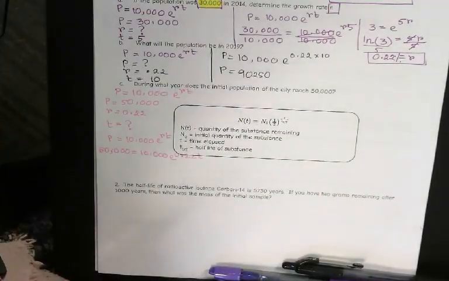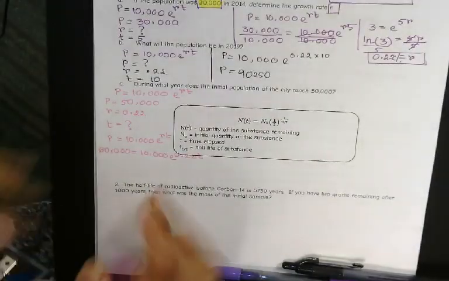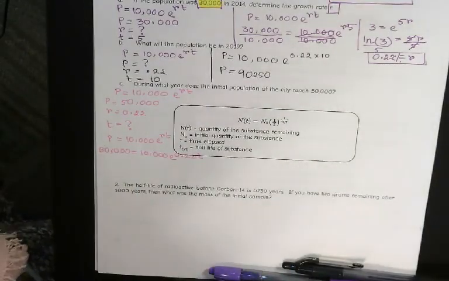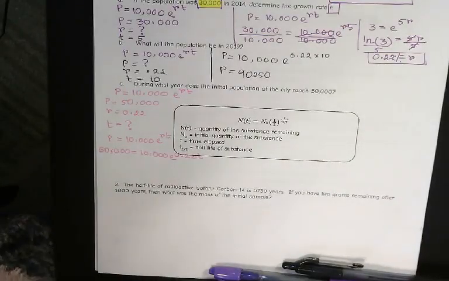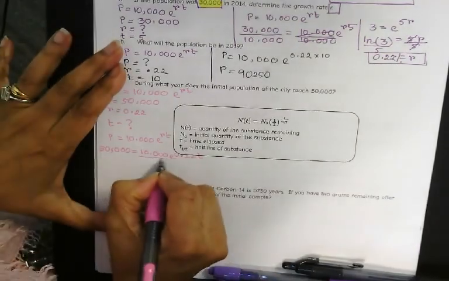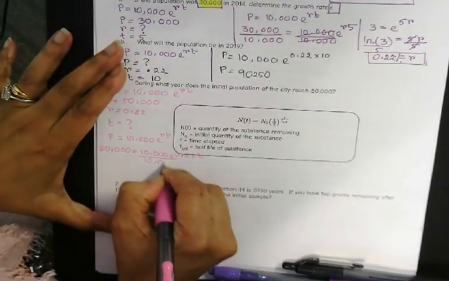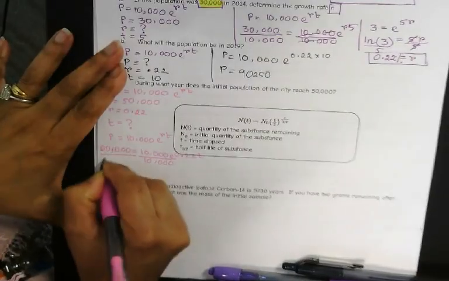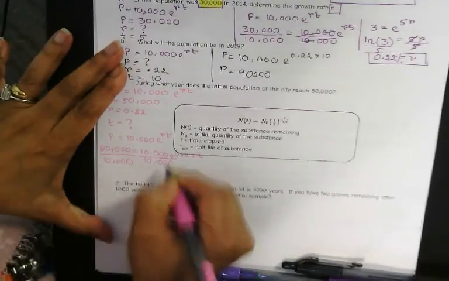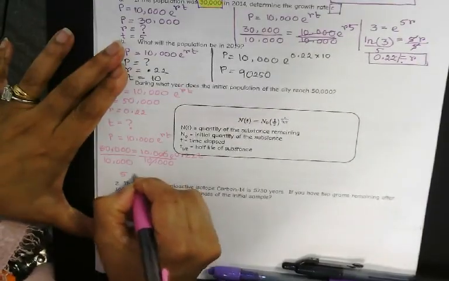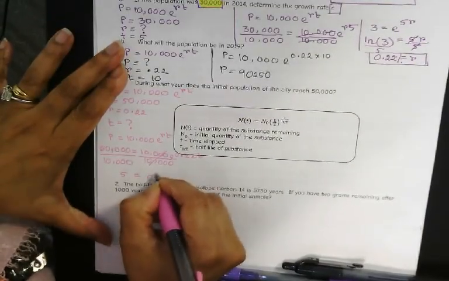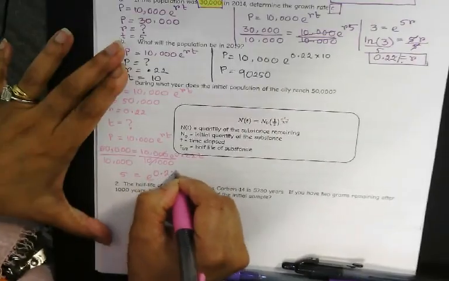Okay. We're going to divide both sides by 10,000. I have to make my variable alone on one side, the e or natural log, whatever you are dealing with. This cancels. On this side, I'm going to have 5 is equal to e to the power 0.22t.